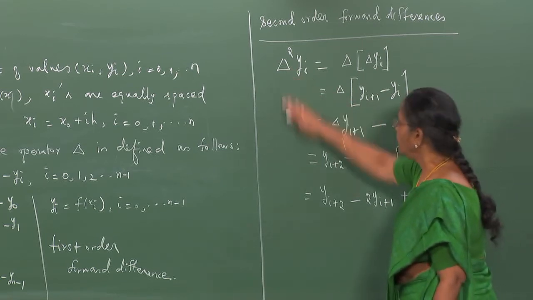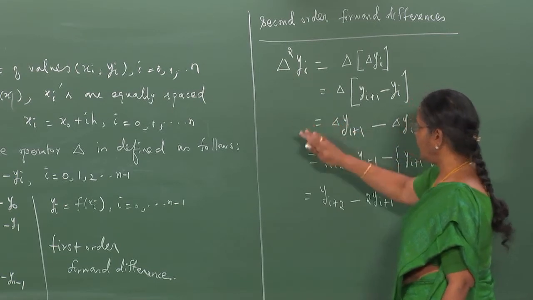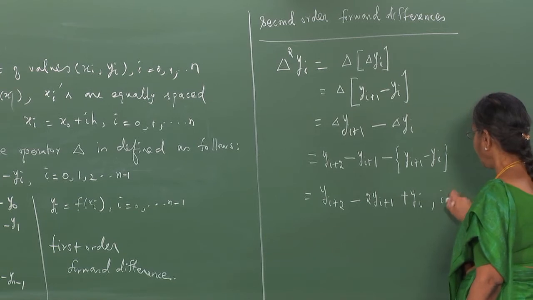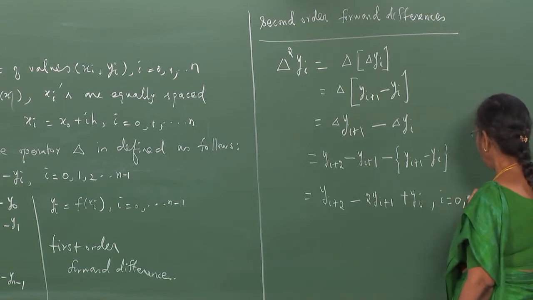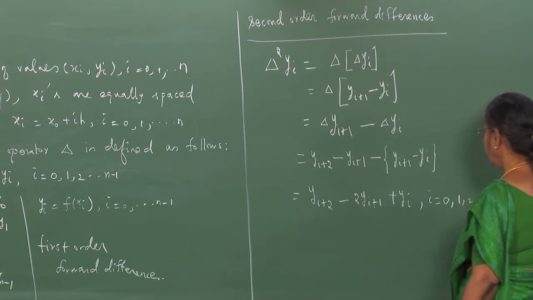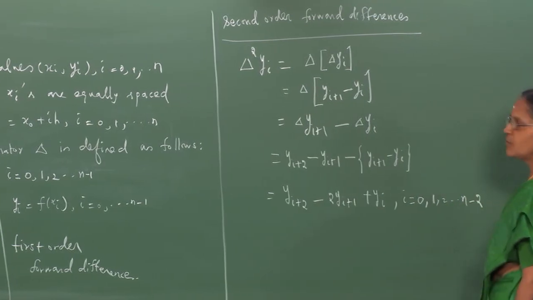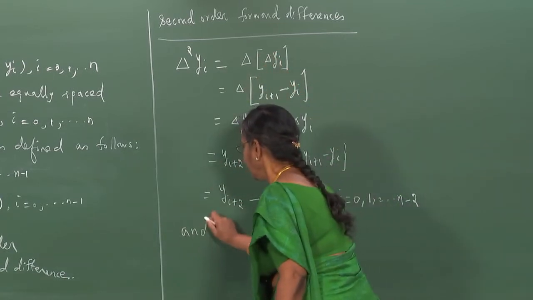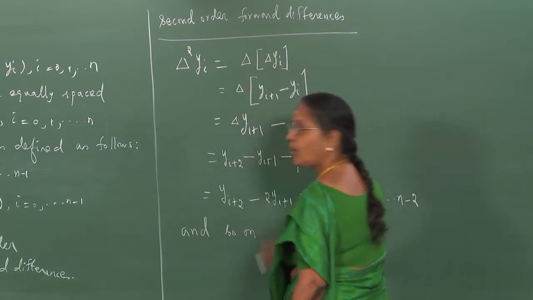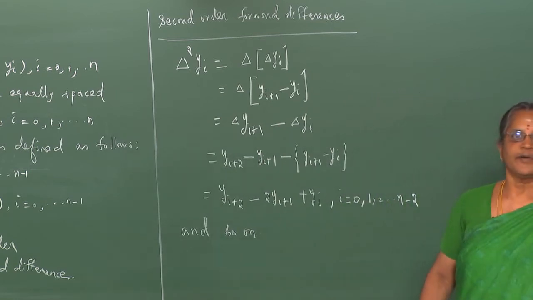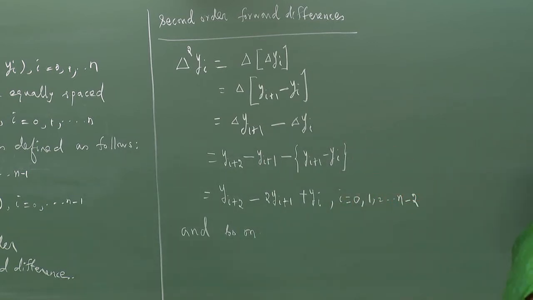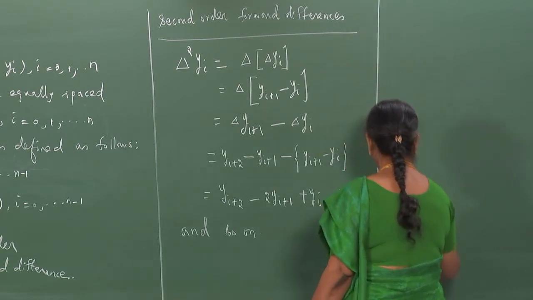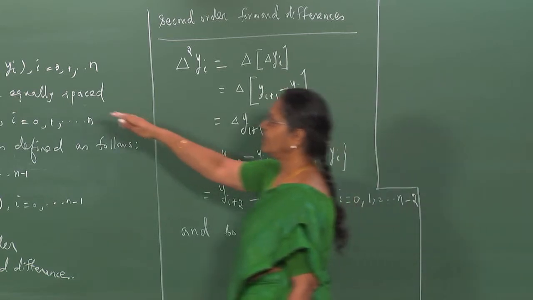So, I can compute the second order forward differences using this definition for values of i starting from 0, 1, 2, 3 etc. up to say n minus 2. And we can follow this definition and compute higher order differences using this definition.